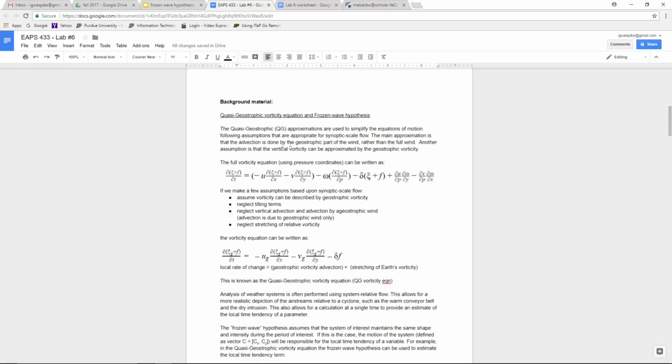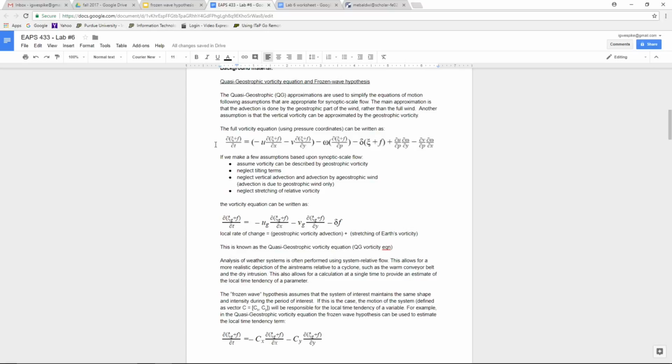And we'll talk about the difference between the vorticity equation if we make these assumptions, and how it simplifies that equation to basically this form, where we can come up with an expression for how the vorticity changes with time, and that being equal to the vorticity advection and what we call the stretching term.